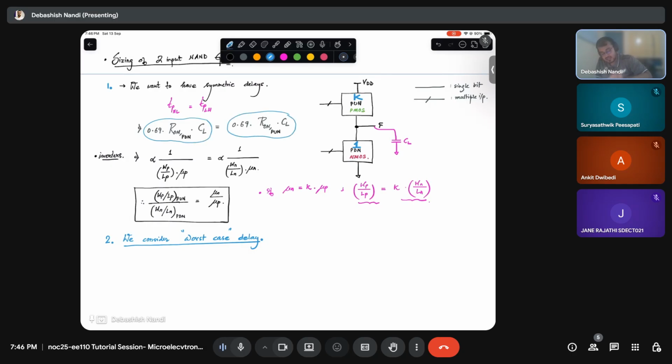Worst case delay means TP highest or TP lowest? Highest. So I will always check for the path where my TP is highest, or the case where my TP is highest. And for TP to be highest, what should I consider? I will check that combination where my R-on is highest.